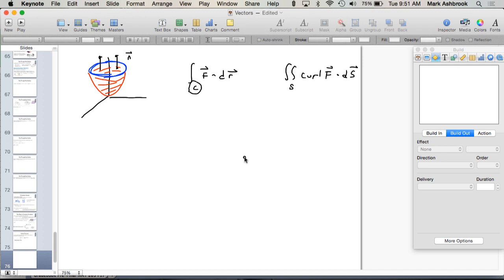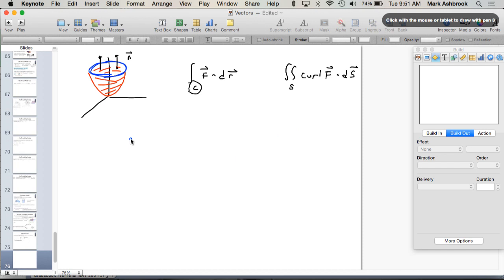We're just taking the part of the paraboloid below z equals 1. How is that an open surface with a boundary, right? So what's the boundary? Is it this thing right here? No. Right, so remember, an open surface has two sides. If it's an orientable open surface, it has two sides.